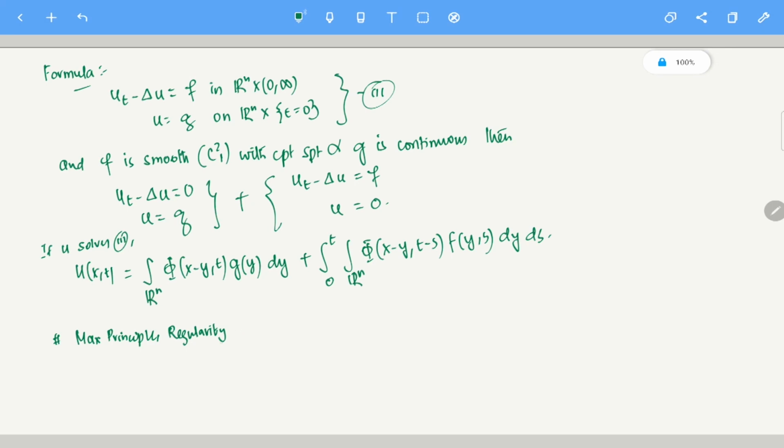How do you prove the maximum principle and regularity? This is proved using a mean value theorem, just as for the Laplacian. But for the heat equation, the mean value theorem, maximum principle and regularity are quite complicated as opposed to the Laplacian. So we'll do that in next week's video.